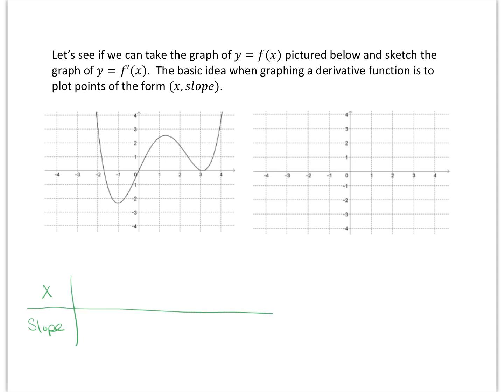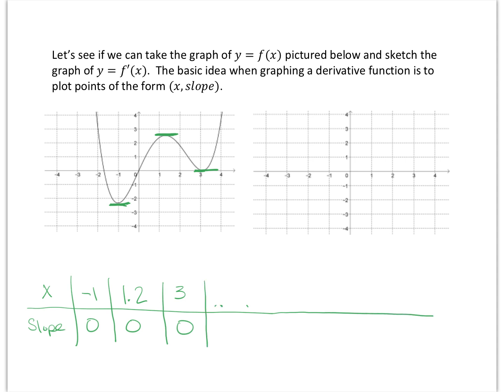Okay, so I'm going to find some spots, draw some little tangent lines. The most clear places are places where the tangent line is horizontal. Okay, because a horizontal line has a slope of 0. So those 3 locations are going to have a slope of 0. So it looks like about -1, maybe 1.2, and 3. Okay. Those 3 x values, my slope is 0.